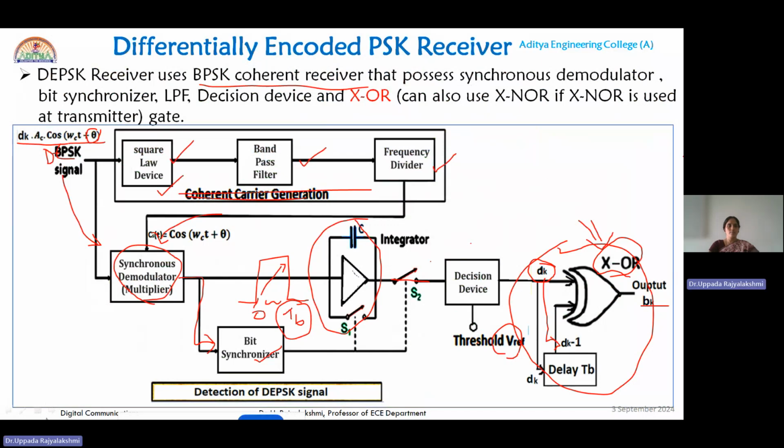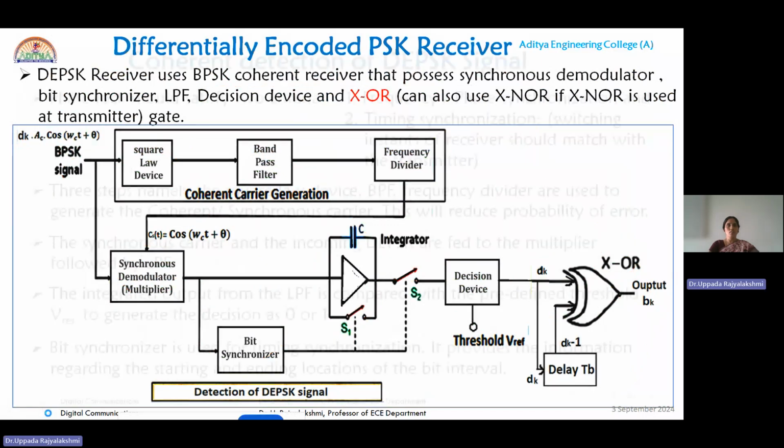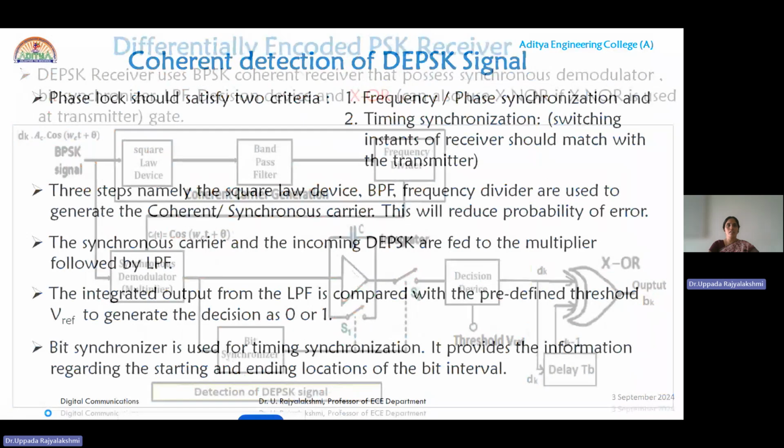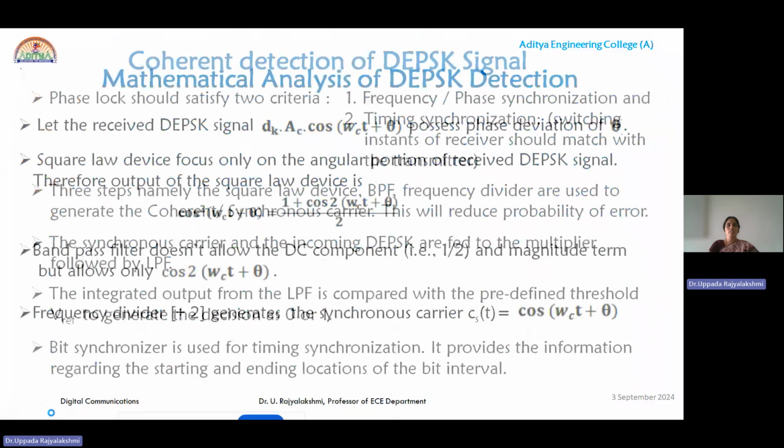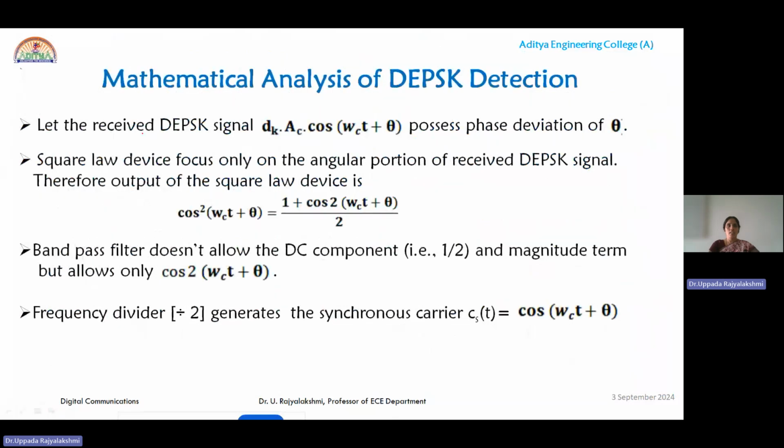Now let us see. We already discussed that a phase lock should satisfy frequency and phase synchronization as well as timing synchronization. We already discussed this concept in BPSK, because the DEPSK receiver is the same as the BPSK receiver. So we know that the DEPSK signal is in the form of dk AC cos omega ct plus theta with a phase deviation of theta.